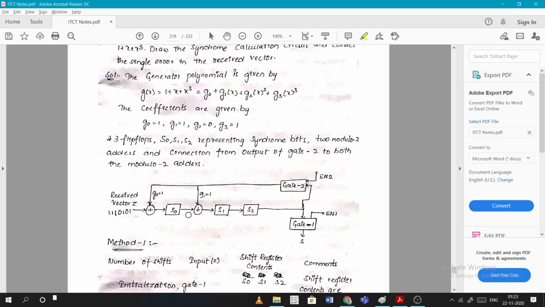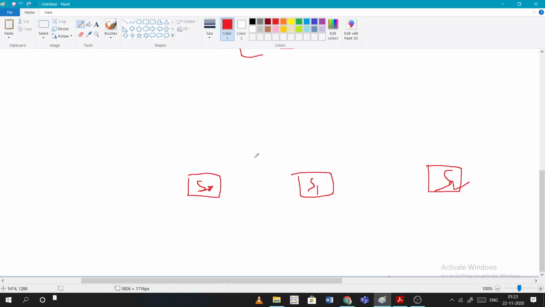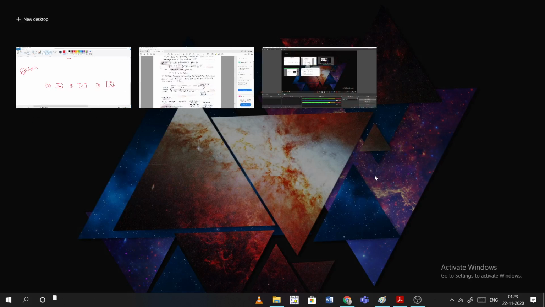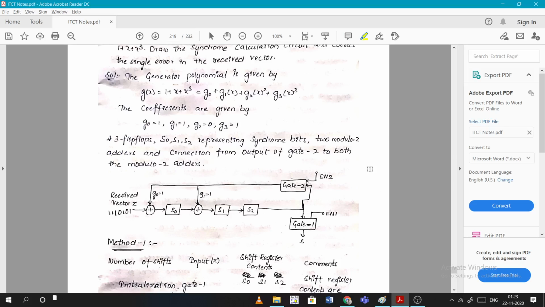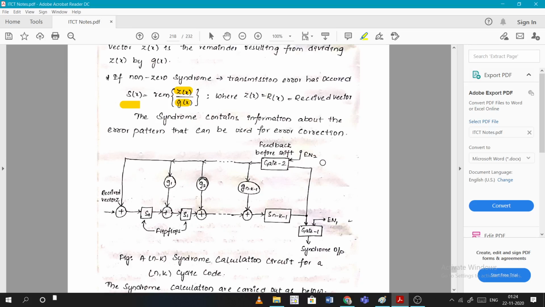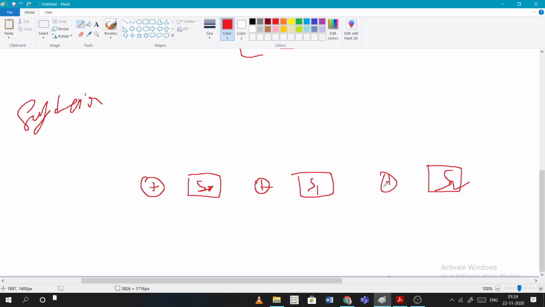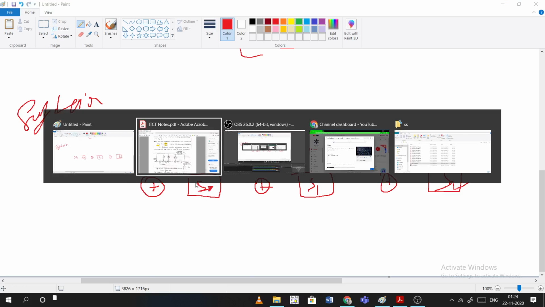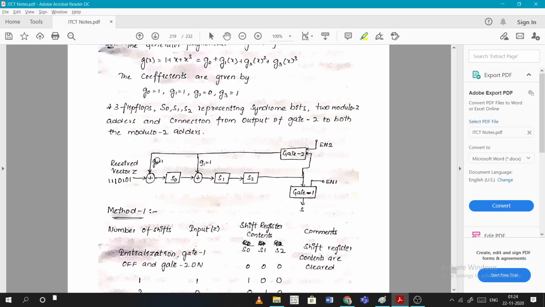For this syndrome circuit, we will insert modulo 2 adders, like this. Now we need to draw the gains, that is the generator polynomial vector.